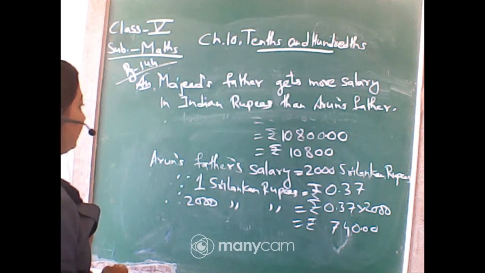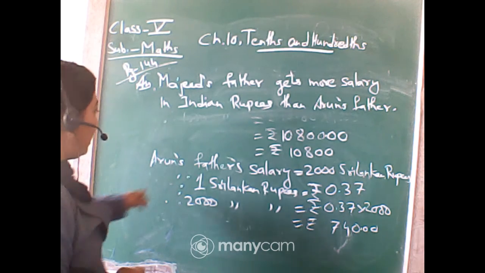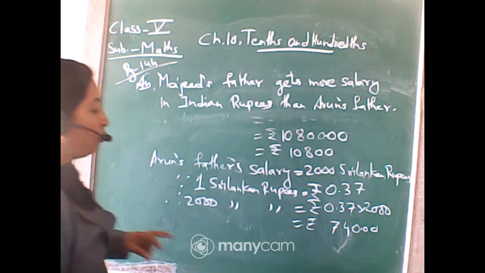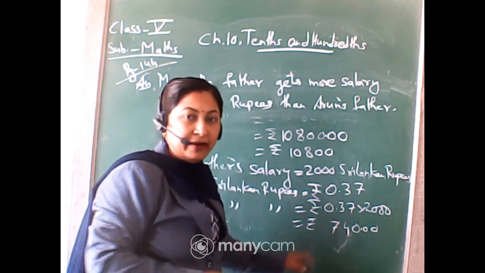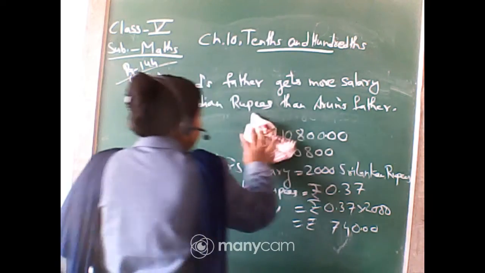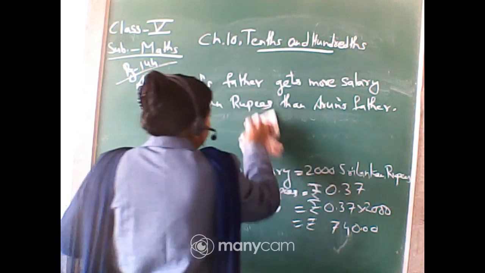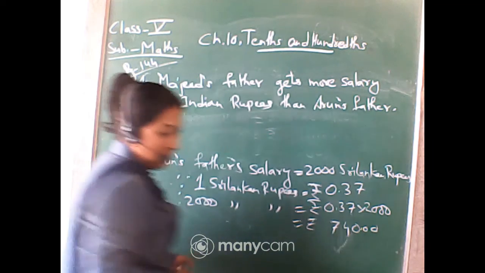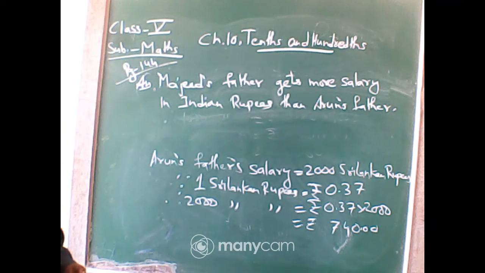Majid's father is getting 10,800 as salary, and Arun's father, he is getting only rupees 740 as salary. Okay, so the answer is Majid's father is getting the more salary.